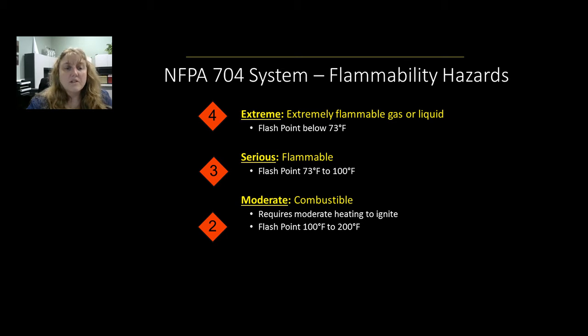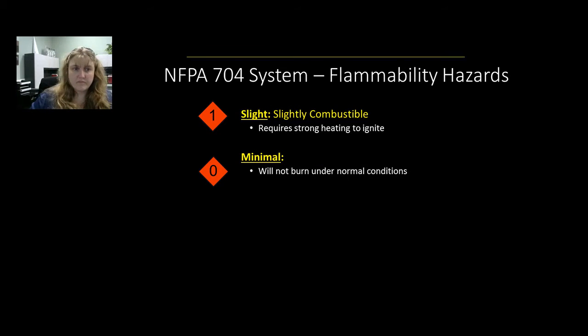A 2 is combustible, meaning it requires moderate heat in order to ignite, and the flash point is somewhere between 100 to 200 degrees Fahrenheit. And of course, if you see a 1, this is slightly combustible and it's going to require a strong heating source to ignite it, and a 0 is a minimal burn. It's not going to burn under normal conditions.